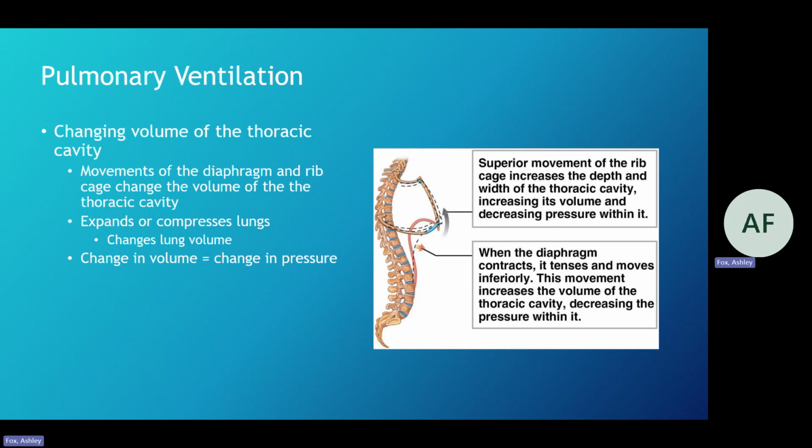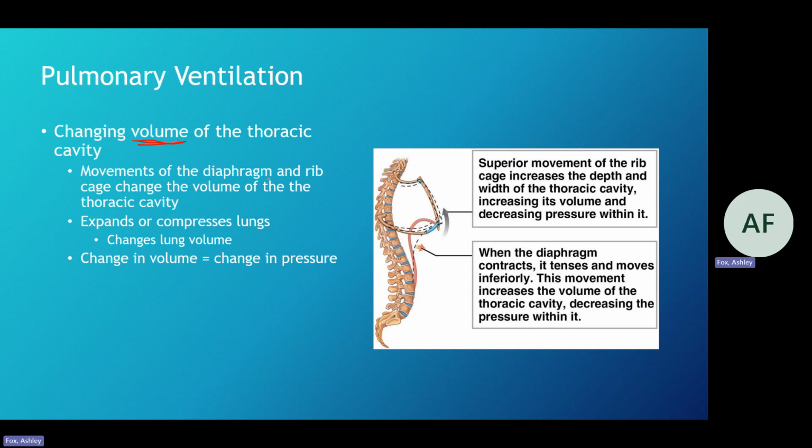So why are we talking about this? It comes into play with pulmonary ventilation. It's going to be the first part that we see. What you do to breathe in and breathe out is actually changing the volume of your thoracic cavity. So think again when you're breathing, what's happening?